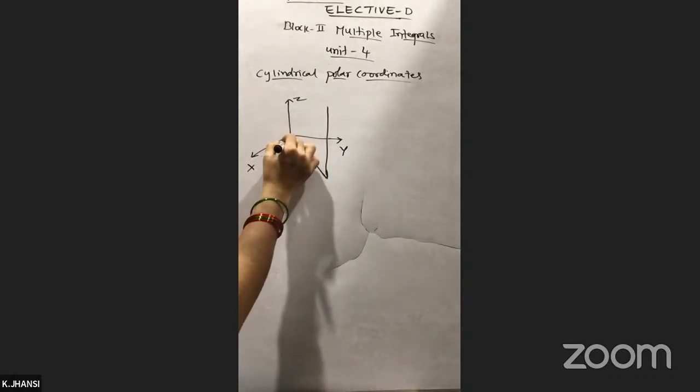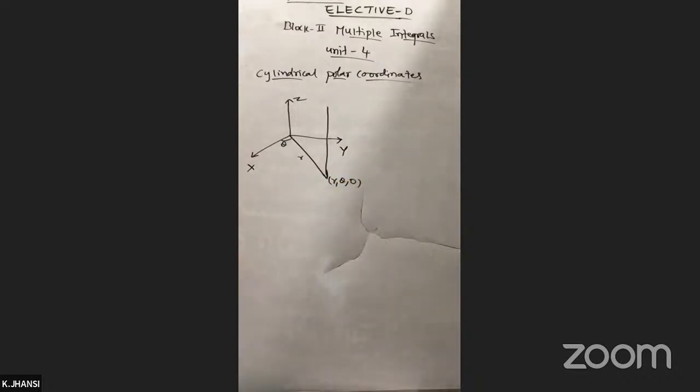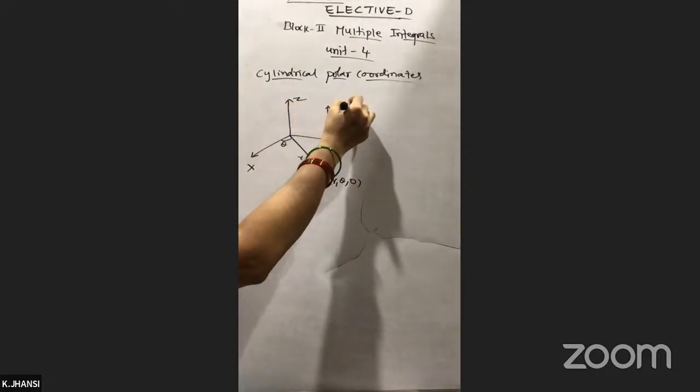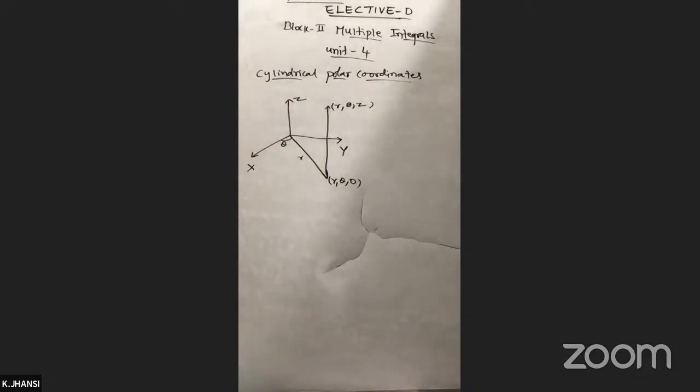Here is r, this is theta, and r comma theta comma z.